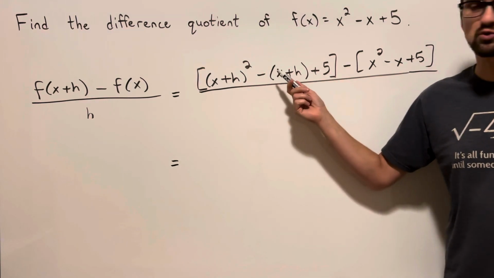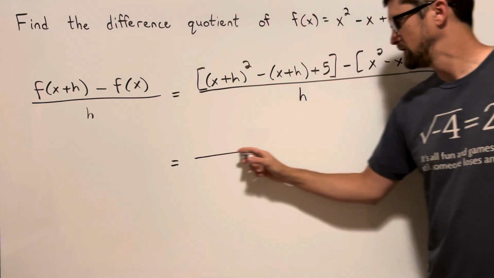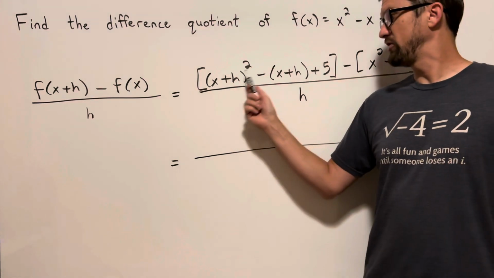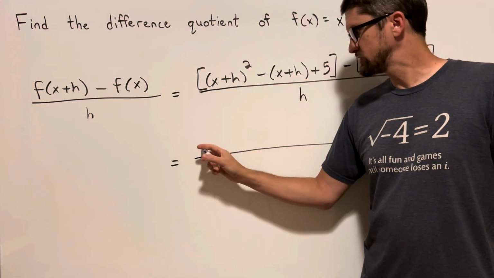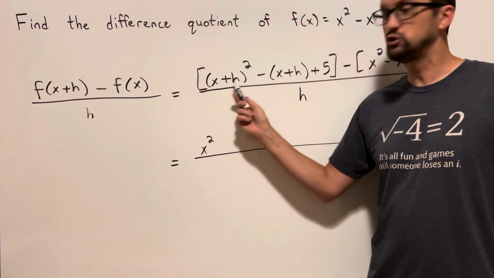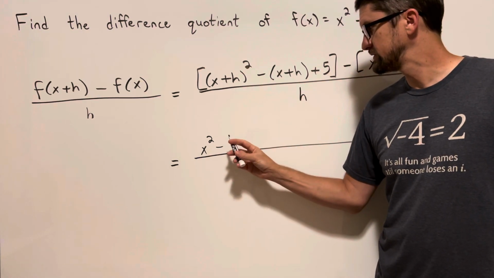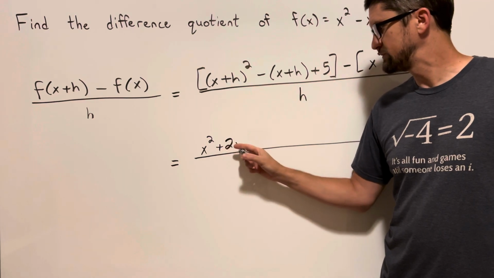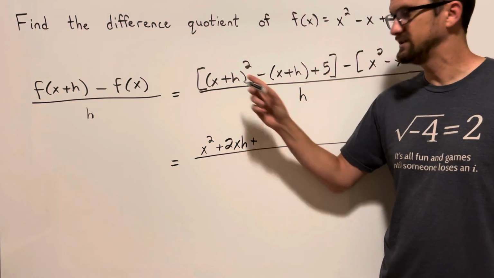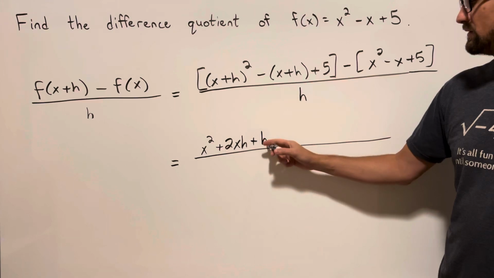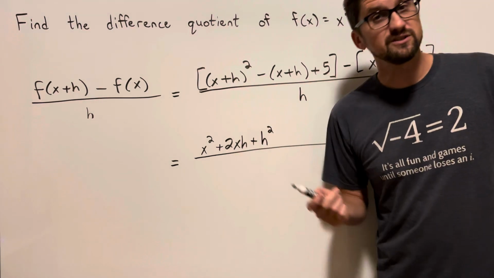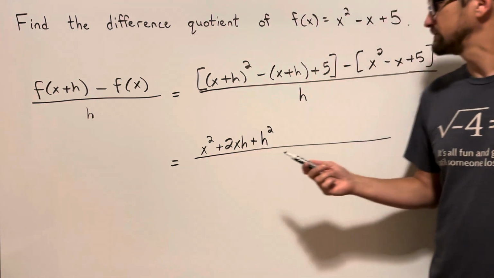This is a binomial squared. If you do the formula on this, what you do is you square x squared, and then it's 2 times the two terms inside there, so it's going to be plus 2 times x times h, and then plus the h squared. Or you can write it twice and FOIL it, you'll end up with the same thing.